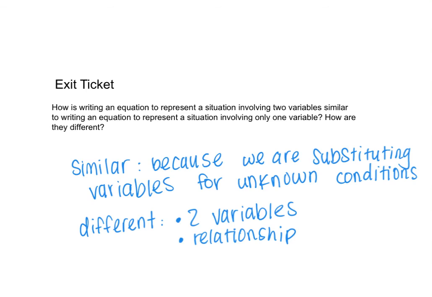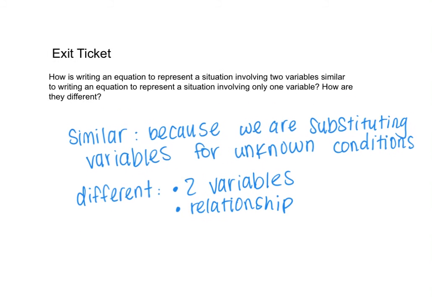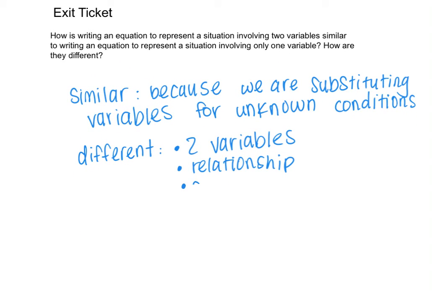With one variable, it was completely dependent on everything else. So you have a relationship with these two, and you can graph them. Because remember, you need two axes in order to graph, an x and a y.